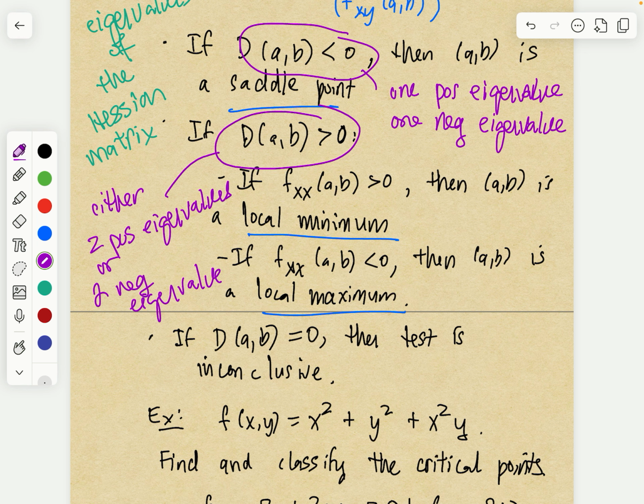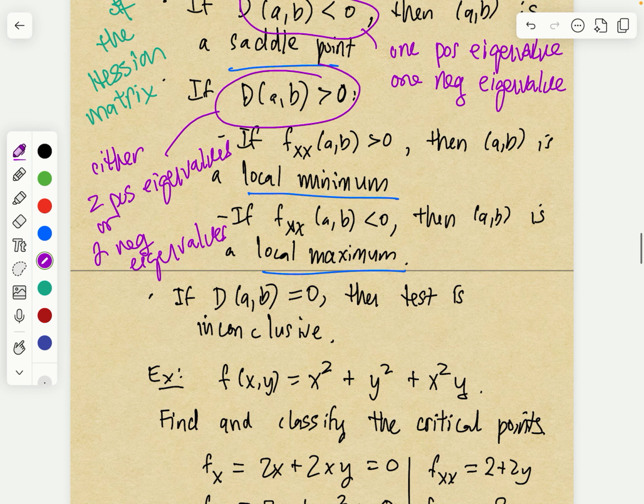And when you multiply two negative numbers, you get a positive number. Your critical point is a local minimum if the two eigenvalues are positive, and you have a local maximum if your two eigenvalues are negative. Now, if you just know the determinant, you can't tell which one it is. So you need this additional criterion.